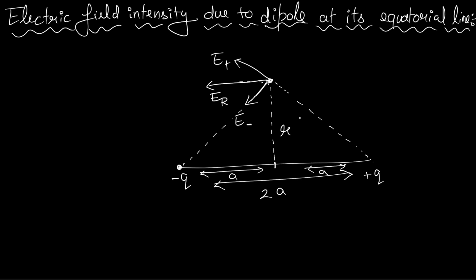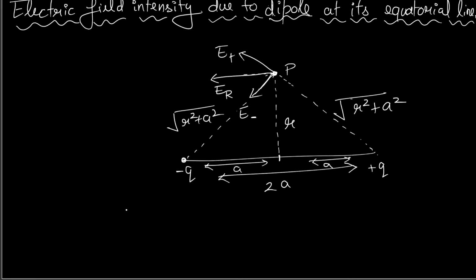Using the Pythagoras theorem, this distance comes out to be under root r square plus a square, and then this value is again r square plus a square only, because we need the distance between this point and this charge to find the electric field.